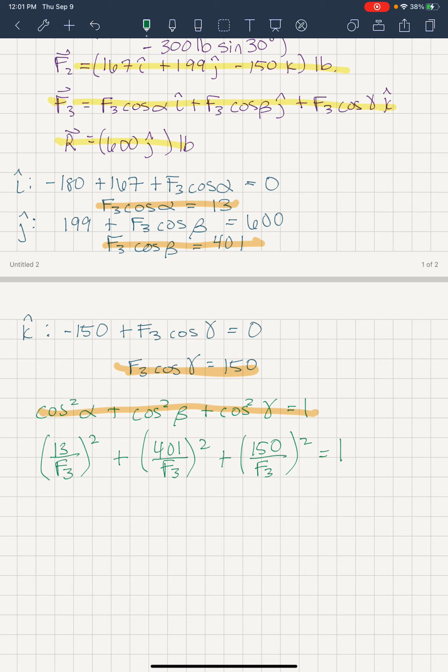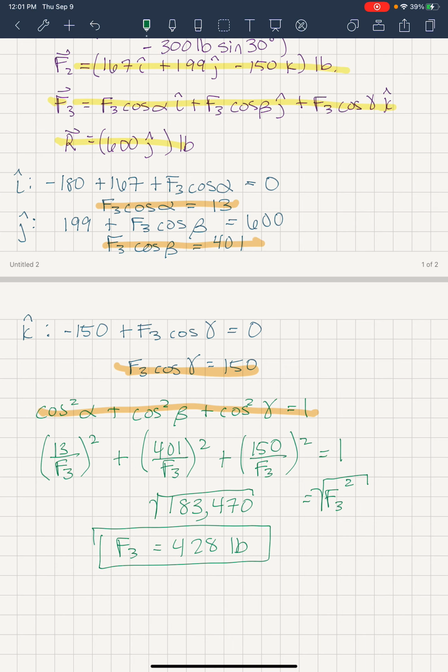We can pull the F3 squared over to the right side. So this equals F3 squared. We take 13 squared plus 401 squared plus 150 squared, and we get 183,470. Now we can just take the square root of both sides. And so we get F3 equals 428 pounds. So that's the magnitude of F3.